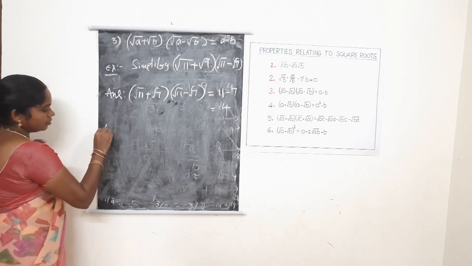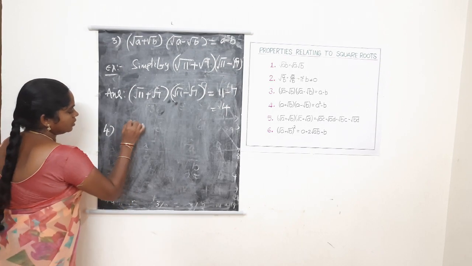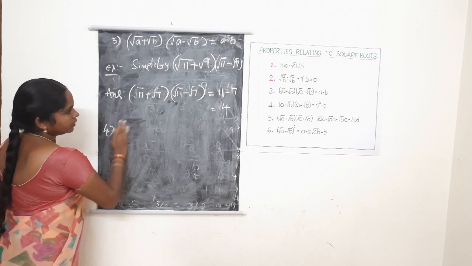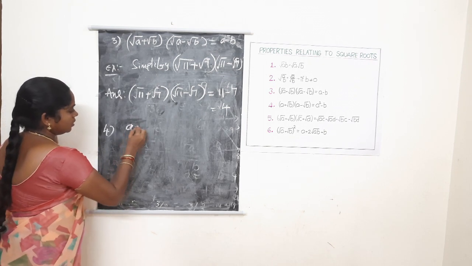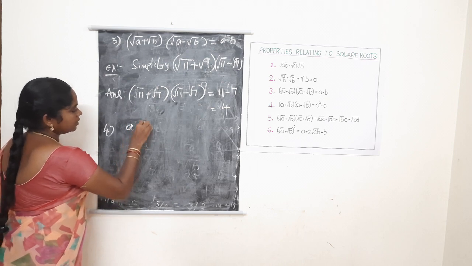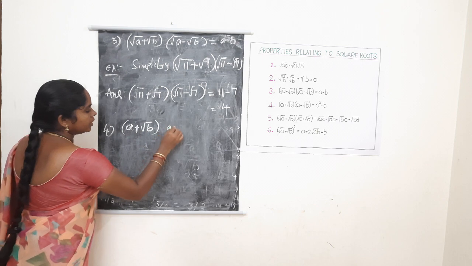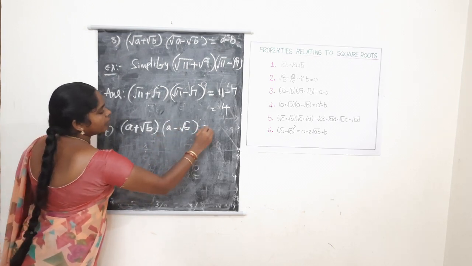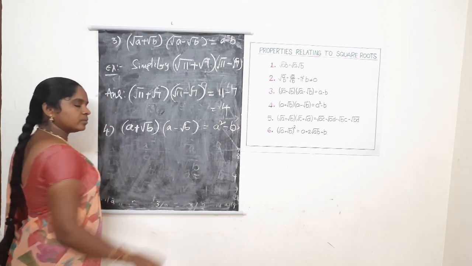Next, fourth property. A plus square root of b into a minus square root of b equal to a square minus b.